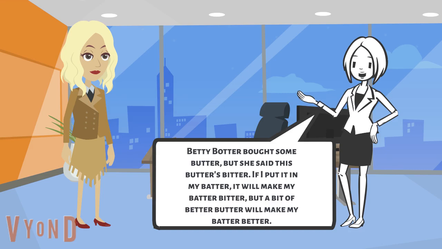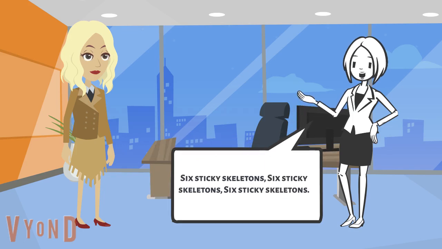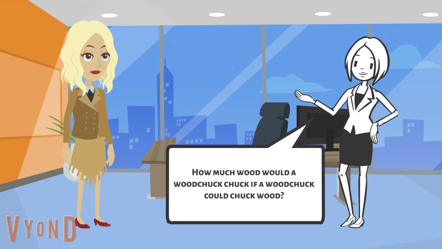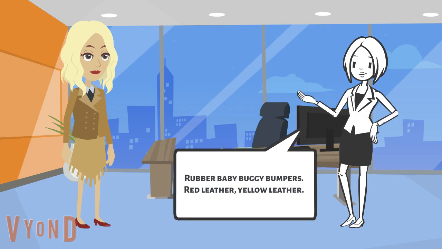Betty Botter bought some butter, but she said this butter's bitter. If I put it in my batter, it will make my batter bitter, but a bit of better butter will make my batter better. Six sticky skeletons, six sticky skeletons. How much wood would a woodchuck chuck if a woodchuck could chuck wood? Rubber baby buggy bumpers. Red leather, yellow leather.